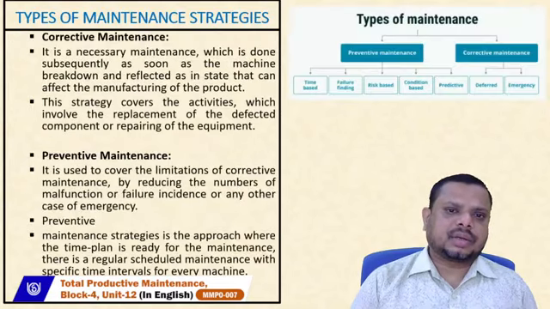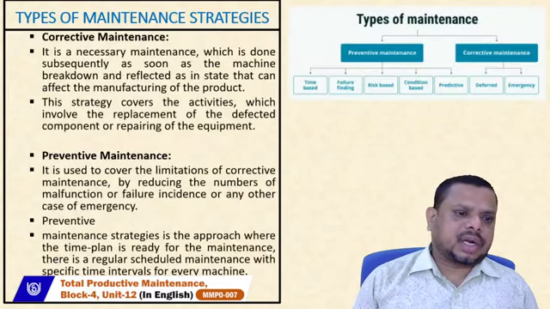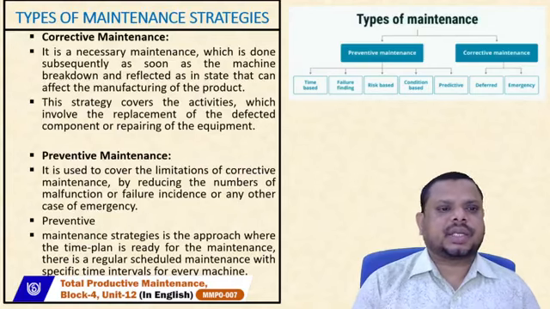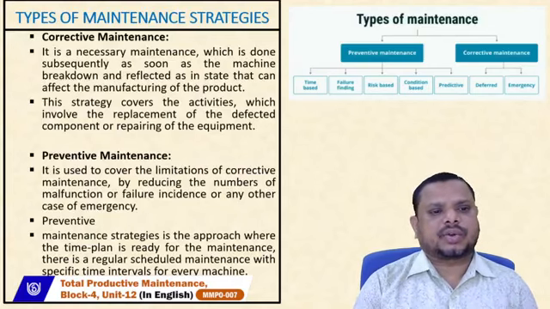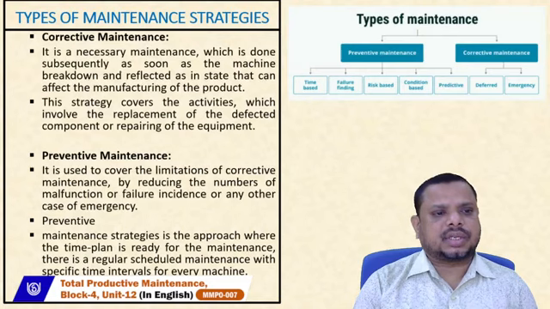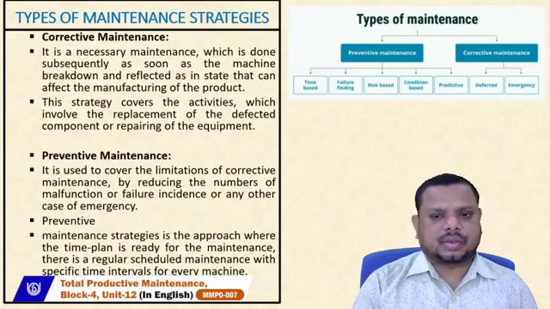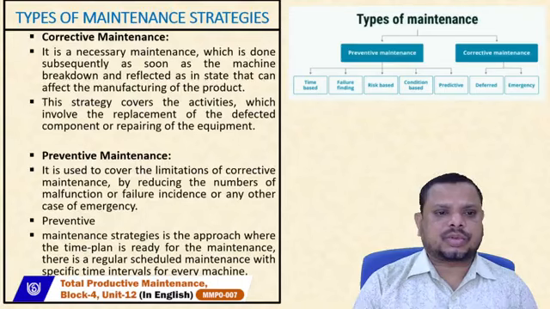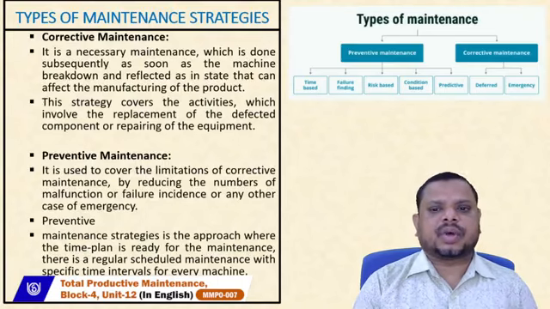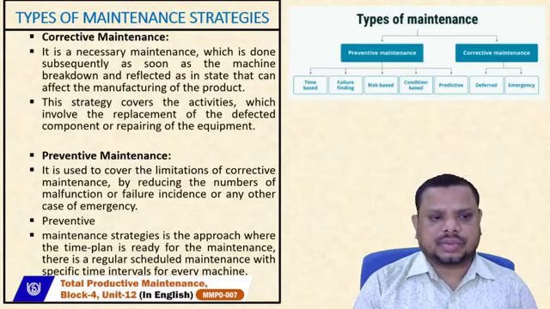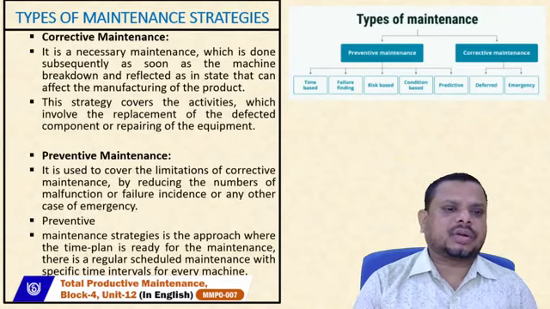Corrective maintenance is the necessary maintenance done as soon as the machine breaks down and reaches a state that can affect the manufacturing of the product. It should be done as early as possible so that the machine's functionality is immediately restored and it is ready for manufacturing.